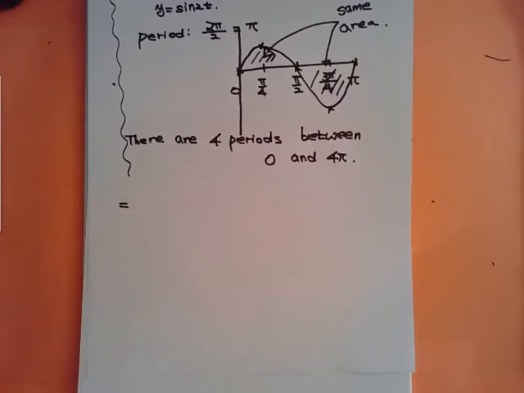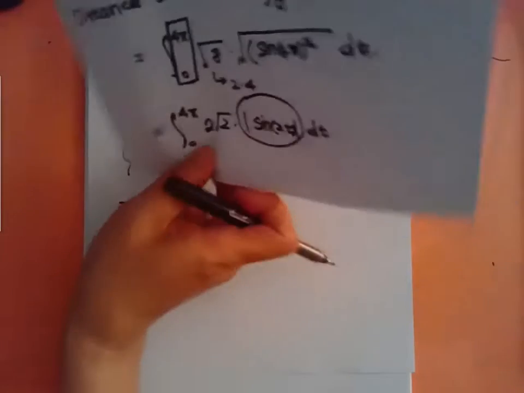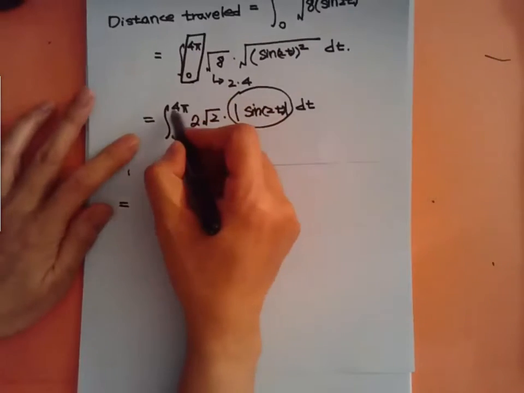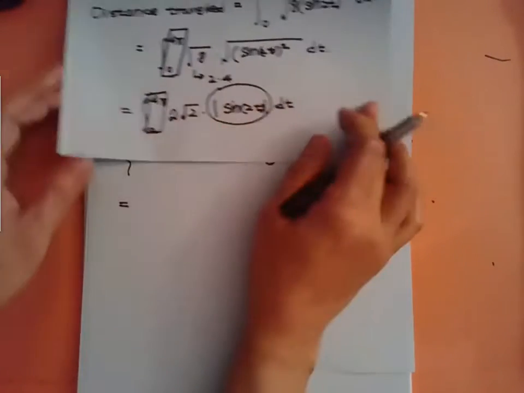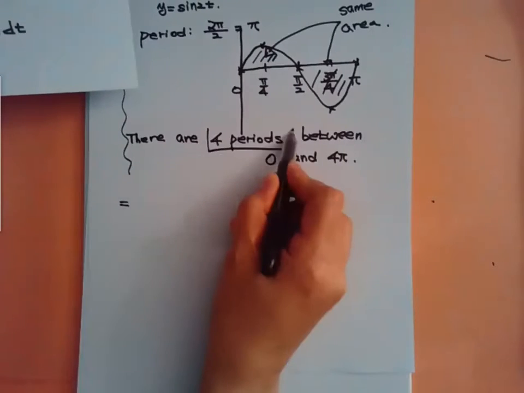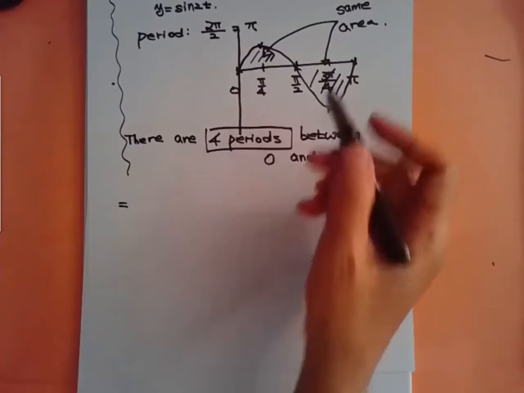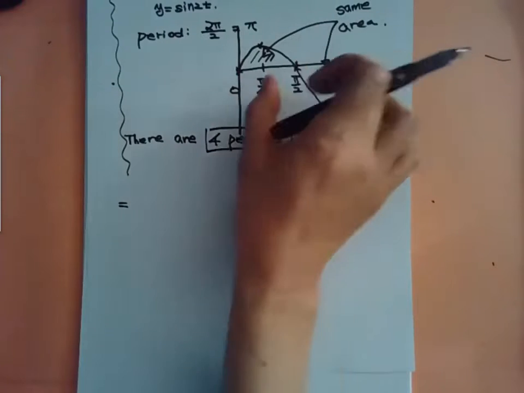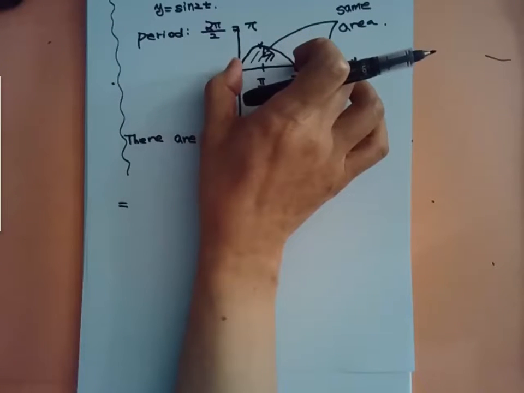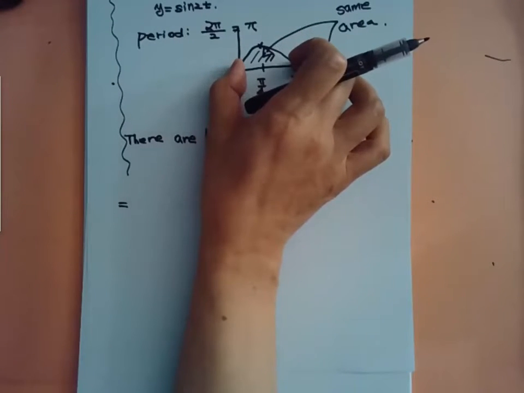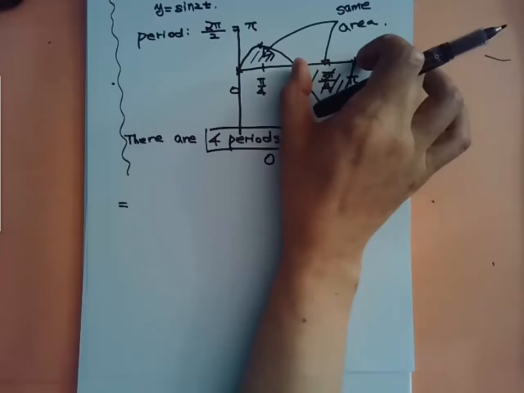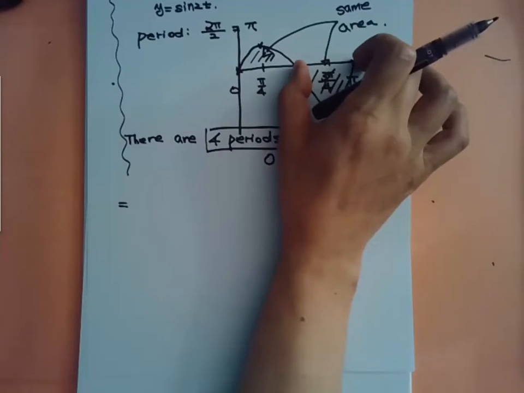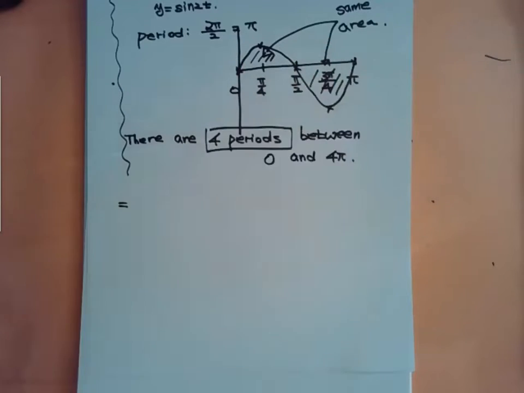We go back to this point. It is from 0 to pi, and there are 4 periods. And within one period, there were 2 regions. One region is positive and the other region is negative. We are thinking about the arc length formula, which must always be positive.